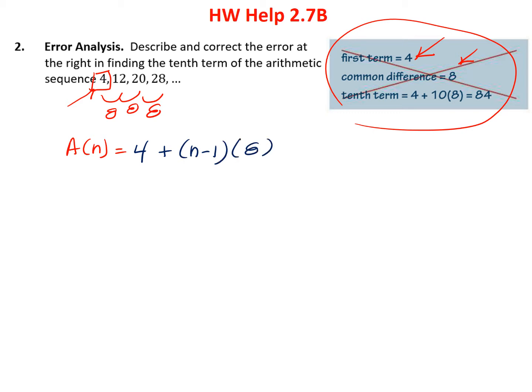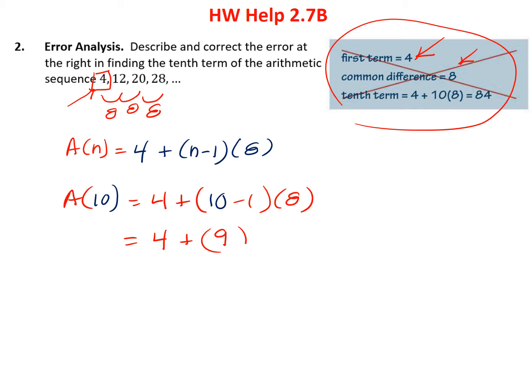Now at this point you have to remember, if I want to find the 10th term, that's going to equal 4 plus, and then I have to put my 10 in here, minus 1 times 8. You notice at this point, if I simplify, I get 4 plus 10 minus 1, which is 9, times 8, and there's our problem.